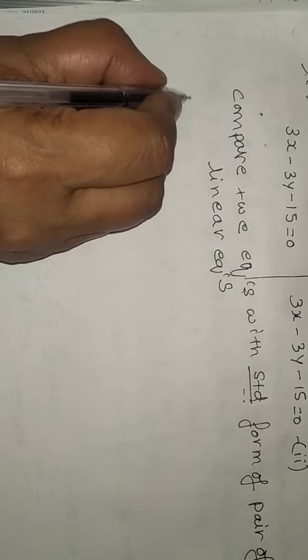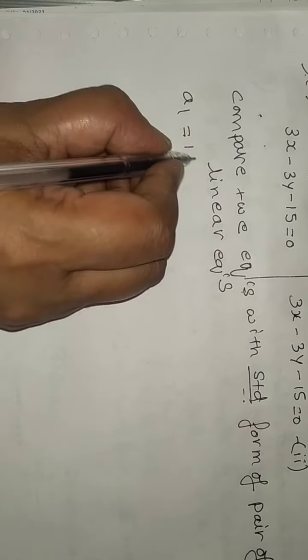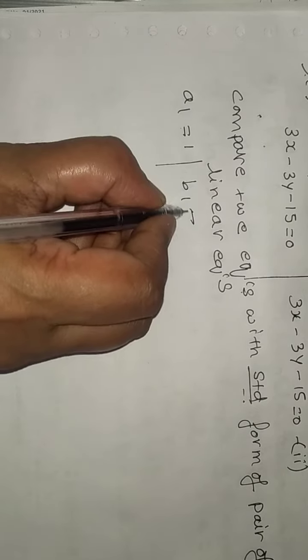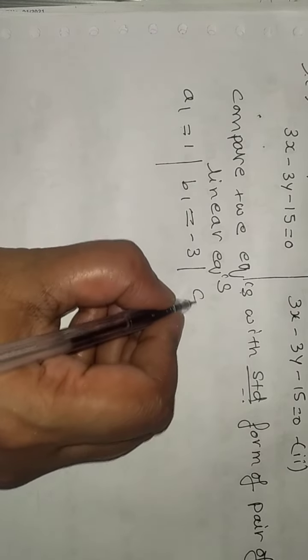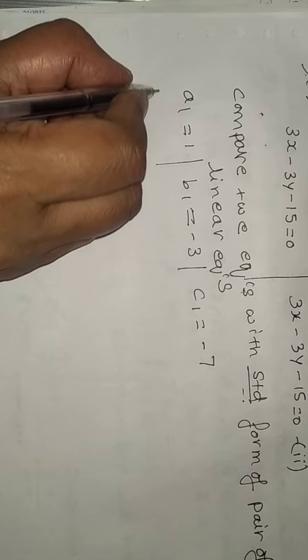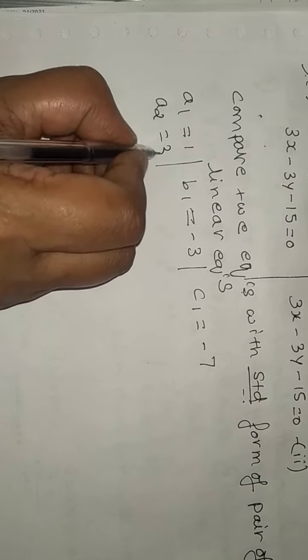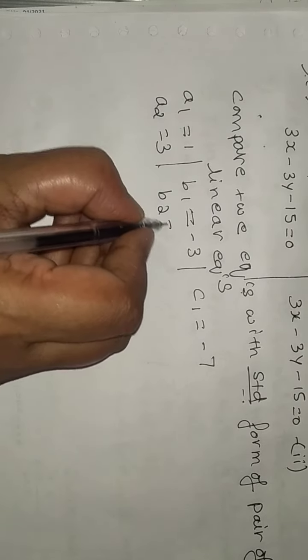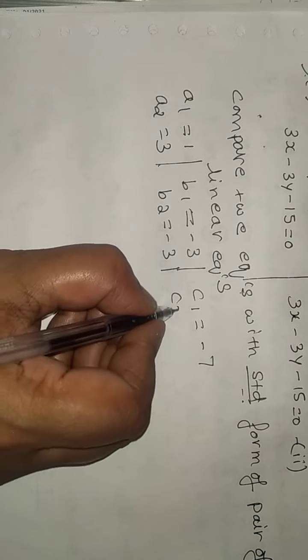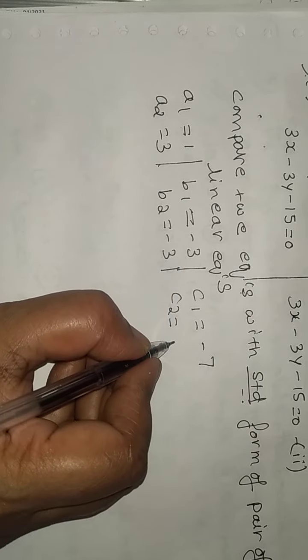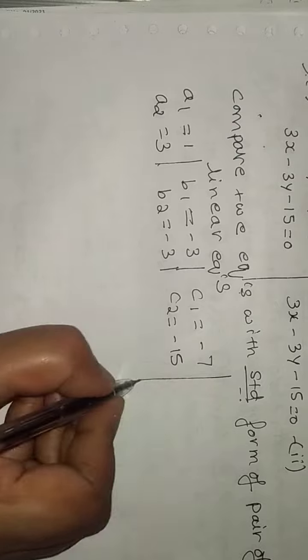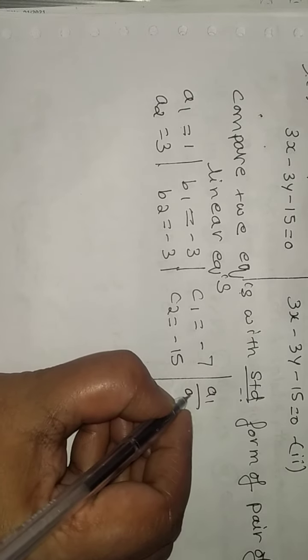So now a1 is equal to 1, b1 is equal to minus 3, c1 is equal to minus 7. Then a2 is equal to 3, b2 is equal to minus 3, and c2 is equal to how much? Minus 15. So we have to find a1 by a2.